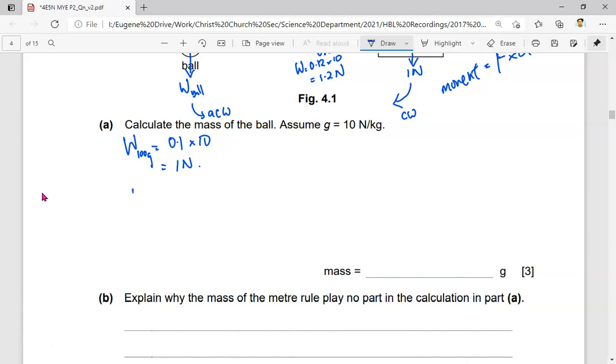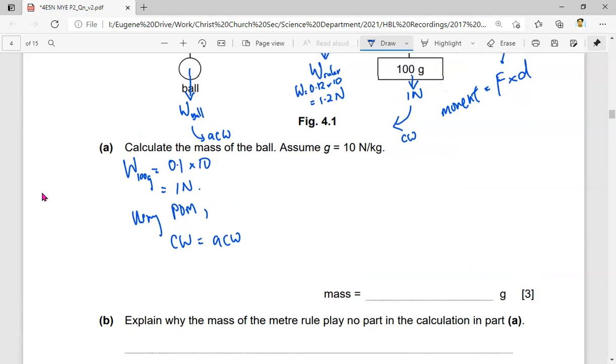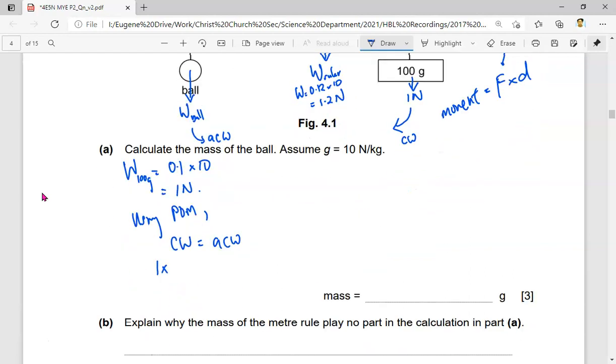So now, using POM, the principle of moments, I'm going to take the sum of clockwise moments equals the sum of anticlockwise moments. So the clockwise moment I know is 1 Newton multiplied by the distance here, 0.25.